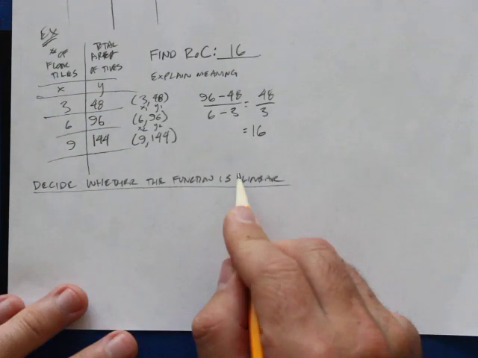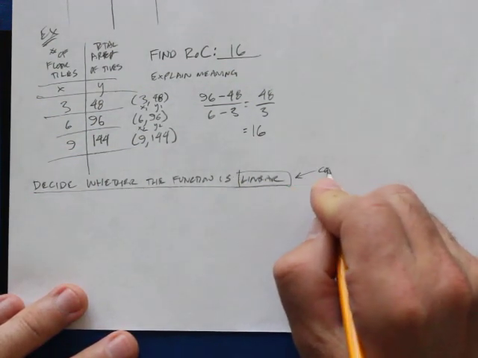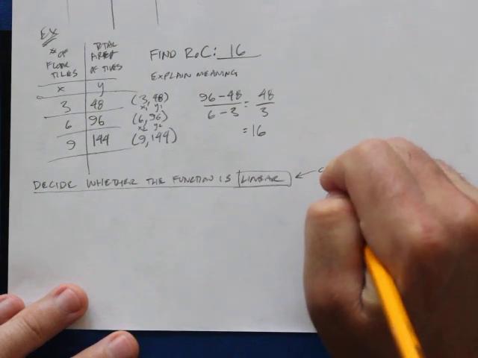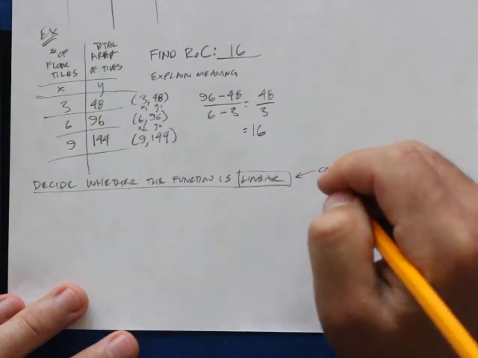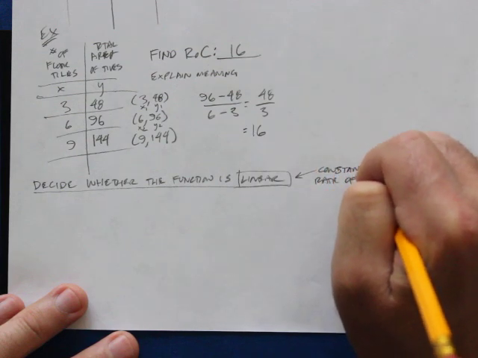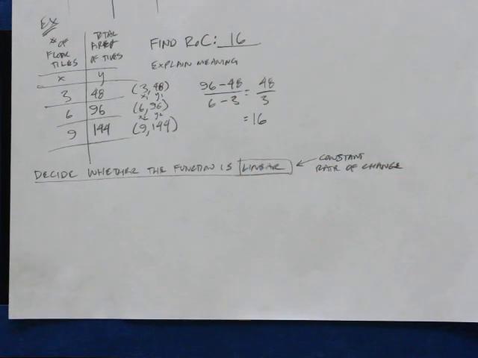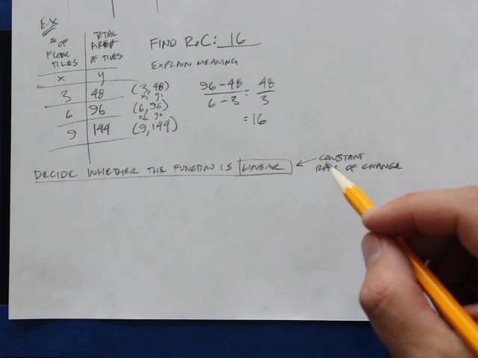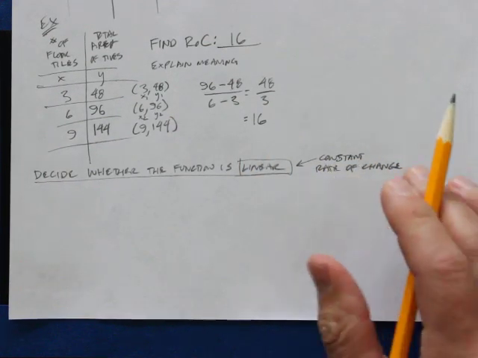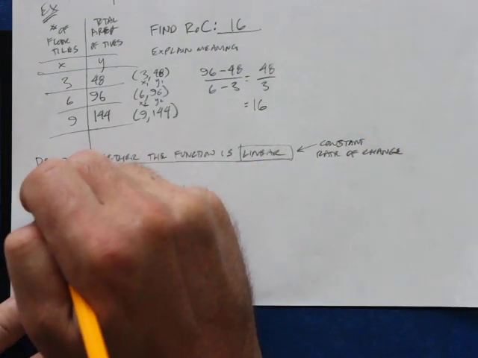Now, if it's going to be linear, that means it's got a constant rate of change. So let's figure out another way we can find the rate of change, and we can test to see if it's constant. So we're going to look at a couple examples here.